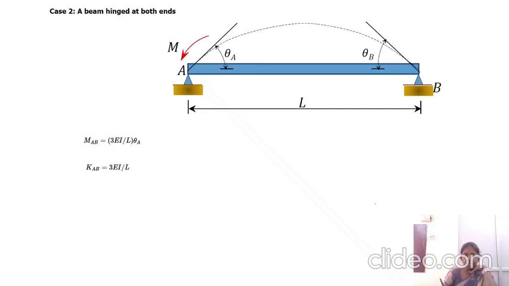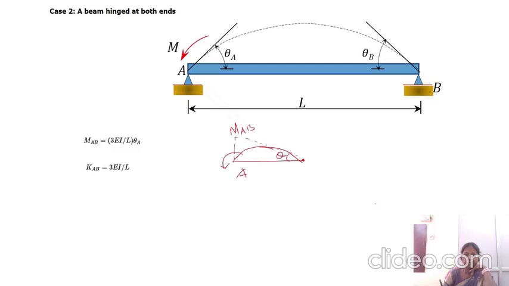That is, only one moment is applied at this point A, and at the other point the moment is 0. So the deflection will be like this. Here we will have some rotation, and the moment value will be MAB here.